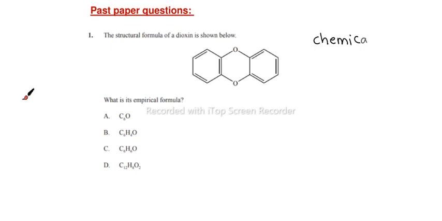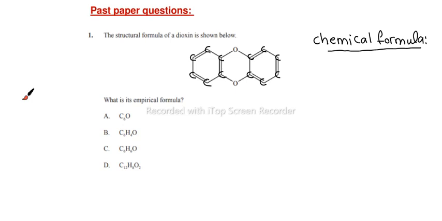When talking about chemical formula, you need to count the total number of carbons, hydrogens, and oxygens presented inside the molecule. Here we need to remember that this is organic, which is chapter number 10. So we need to know that each corner in the hexagon structure is considered a carbon. So we have to count the total number of carbons presented.